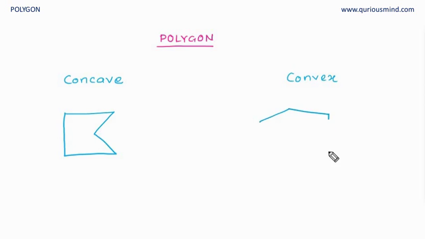Whereas this is a convex polygon. There are no turning in. So if these two line segments were turning inside, then it would become a concave, whereas this is convex. The polygons which we are going to discuss are going to be all convex polygons.